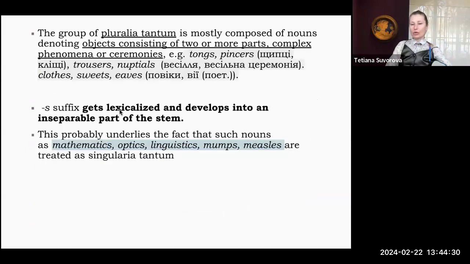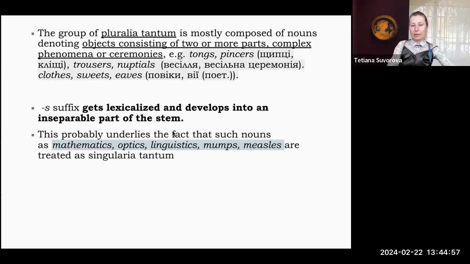And there are also, in English specifically, some words with the ending S that get a lexicalized meaning, and it is developed into an inseparable part of the stem. Це частина кореня. Це насправді не ending, okay?